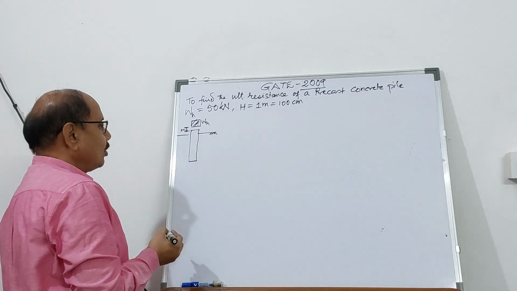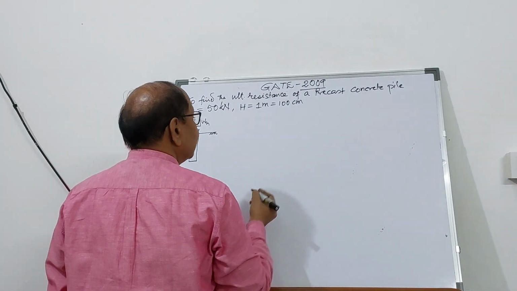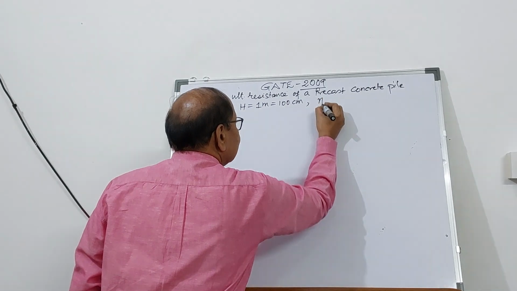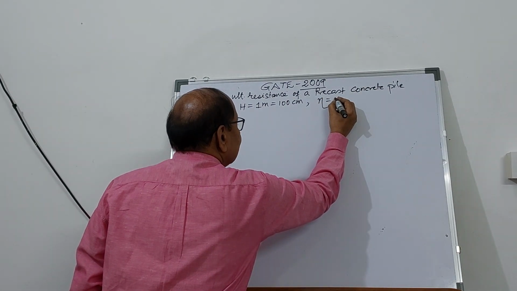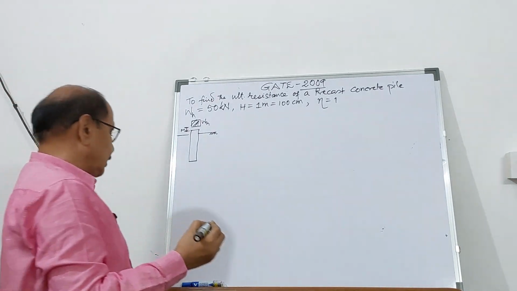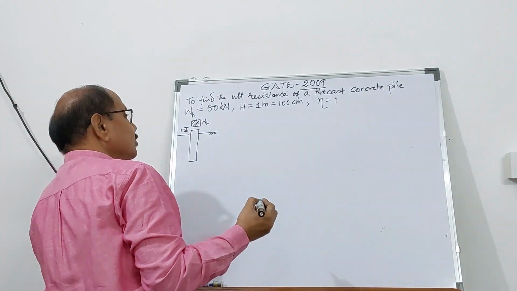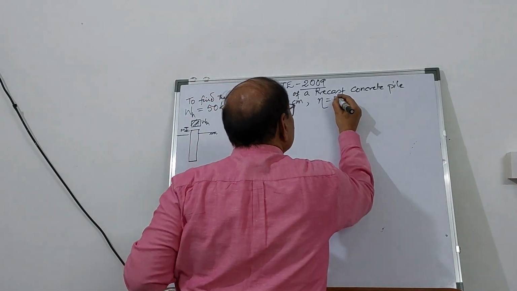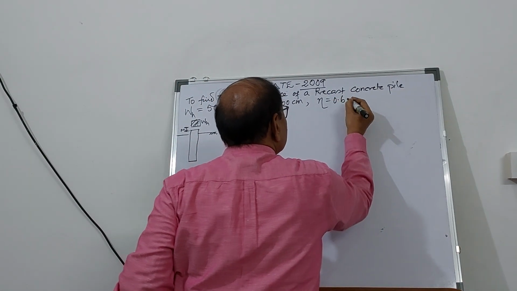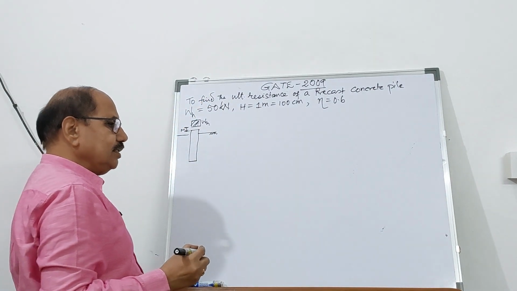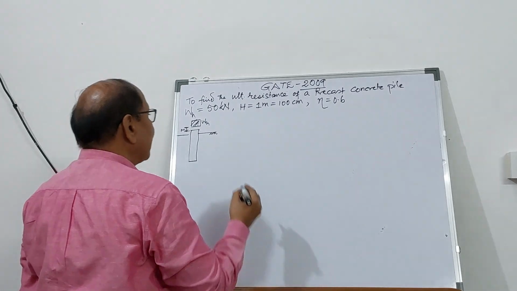The efficiency of the hammer, eta, is taken as 60%. So 60% means 0.6. So eta equal to 0.6.